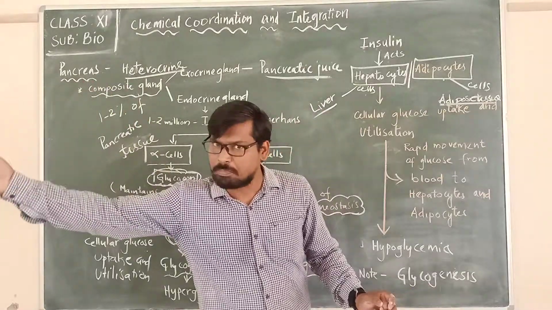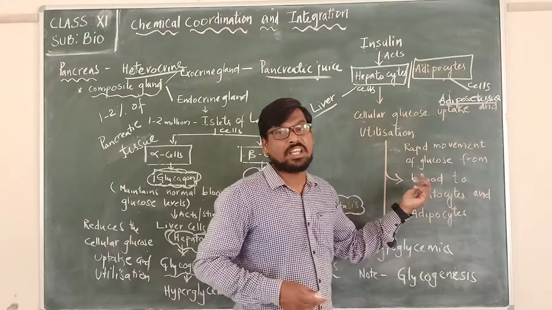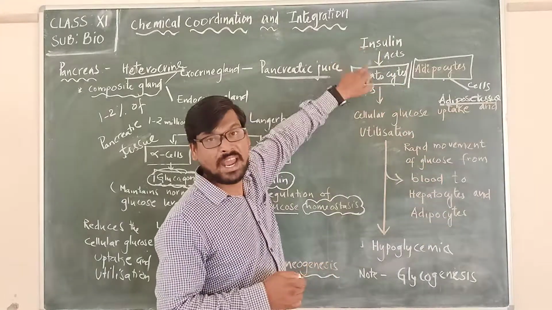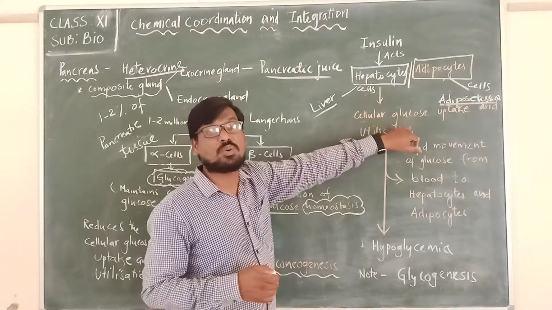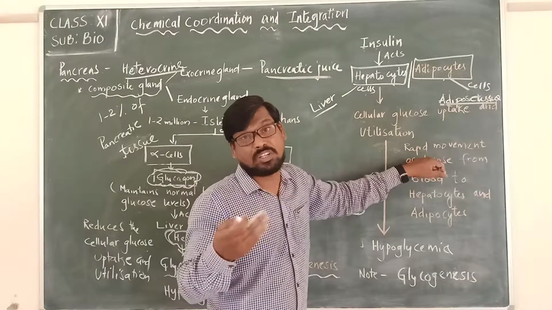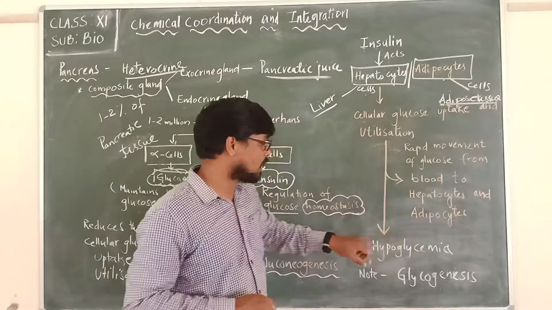So from the blood, the glucose will be entering into the hepatocytes and adipocytes. Whenever insulin acts upon the hepatocytes and adipocytes, there will be cellular glucose uptake and utilization, leading to the rapid movement of glucose from the blood into the hepatocytes and adipocytes.